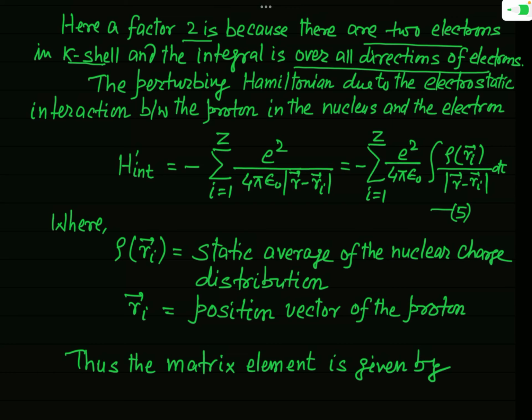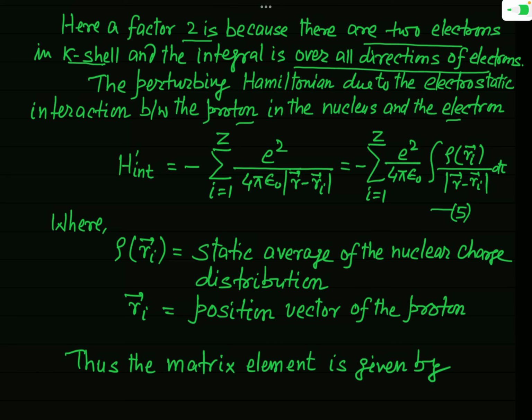Okay. Now to evaluate the matrix element, first of all we have to see what the perturbing Hamiltonian is in this case. Actually, I have considered that there is an electrostatic interaction between the proton and the electron.